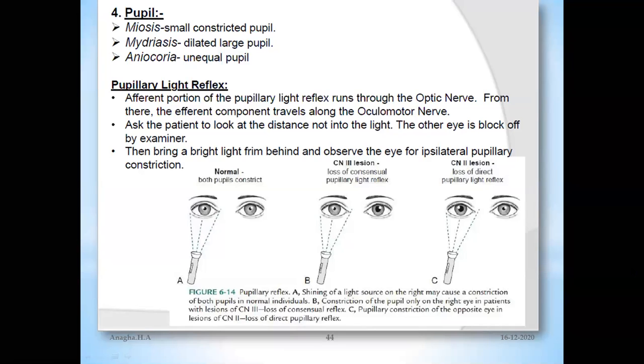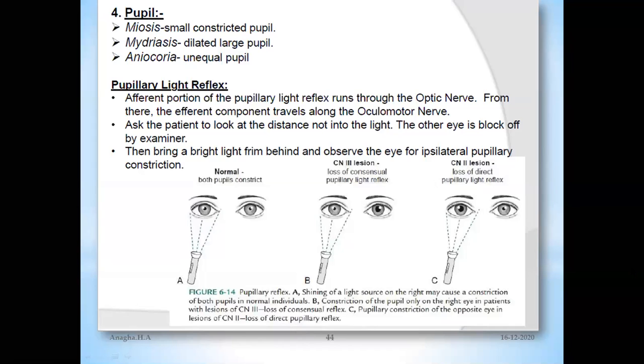The consensual response is that the pupil of the other eye also has to react to this light, because in humans, when light is focused, both pupils will react. So we have to examine this properly.